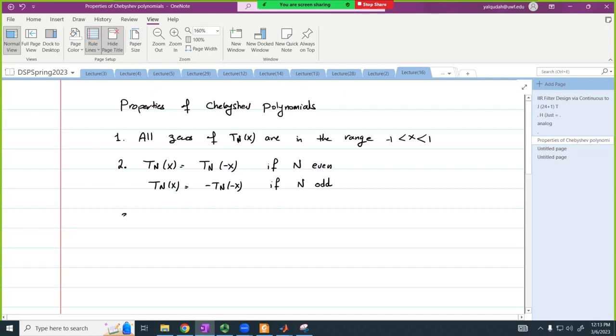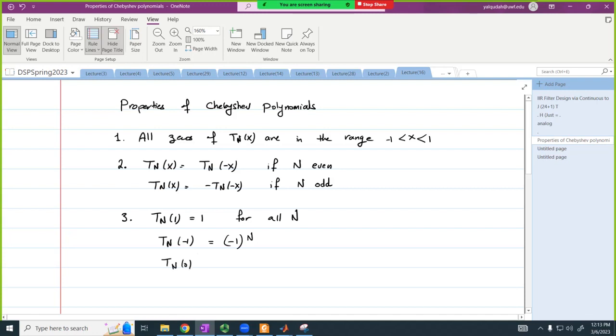And the third property is that Tn of 1 is equal to 1 for all n. And Tn of -1 is equal to -1 to the power of n.